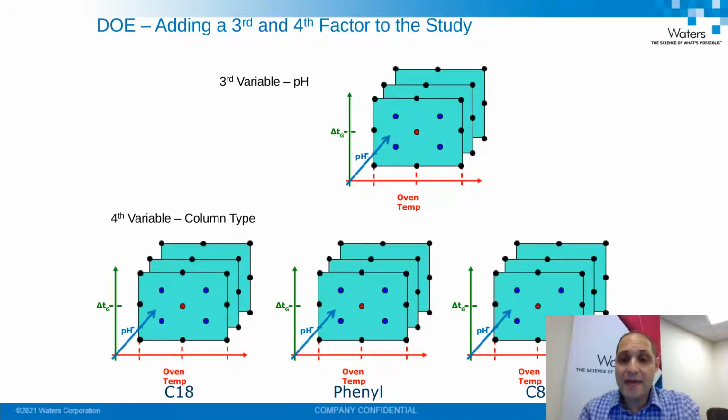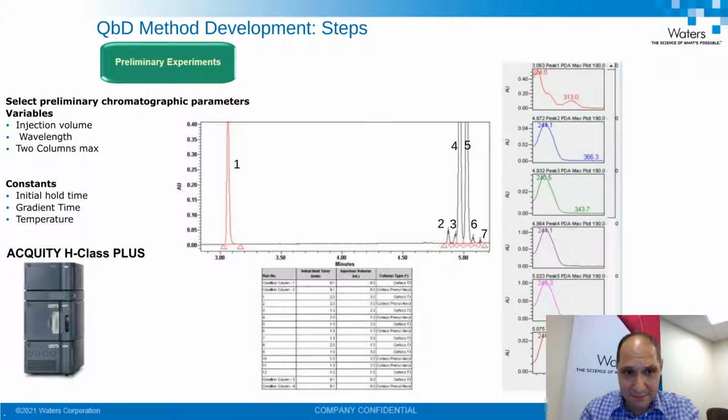However, if a fourth variable is added, and this variable is categorical, the same number of experiments will be repeated across the different categorical variables. With this, Fusion would still significantly save on time by reducing the number of experiments that would normally be needed if a full factorial design is implemented.